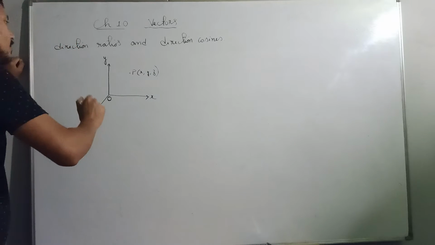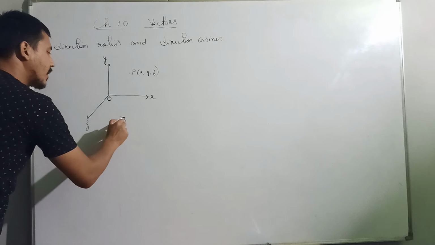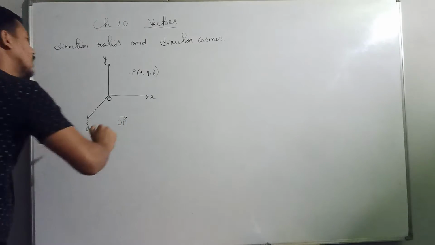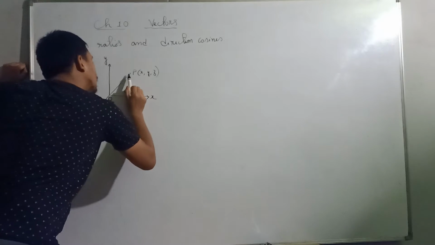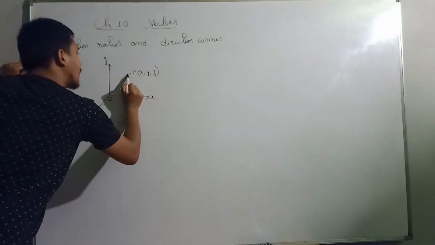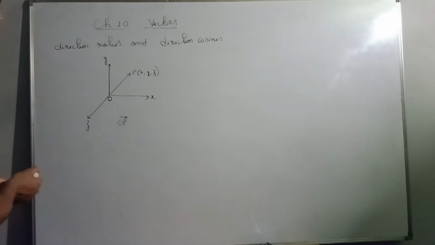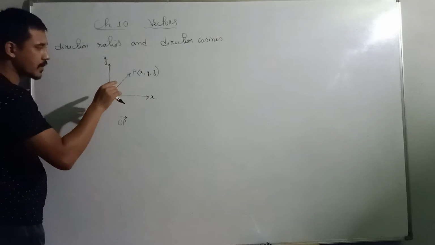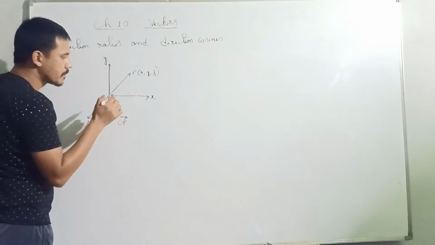Then the position vector of this point P will be denoted by vector OP, with initial point O and terminal point P. So this line OP is directed towards P, right?